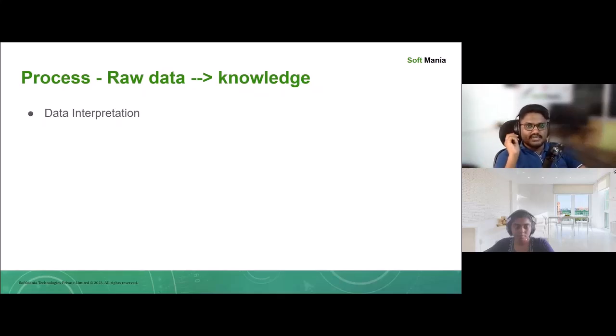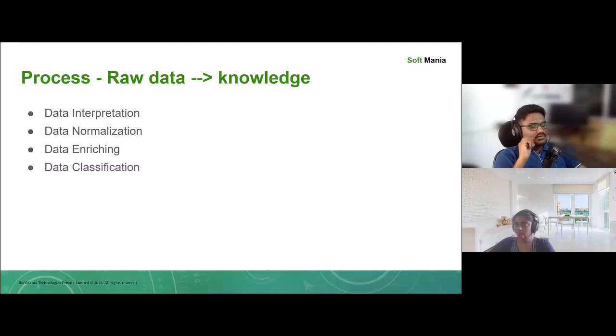The first process is data interpretation, the second is data normalization, the third is data enriching, and the fourth is data classification. These are all the stages you are going to do in Splunk. Can anyone say what is meant by each phase: data interpretation, normalization, enriching, and classification? Anybody want to give it a try?